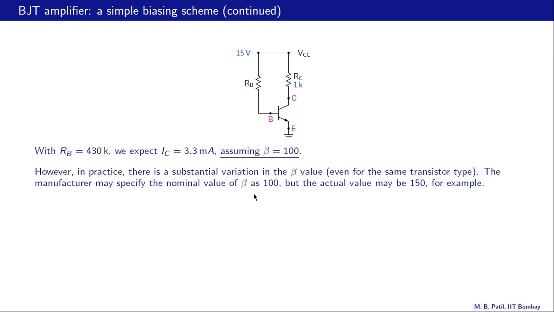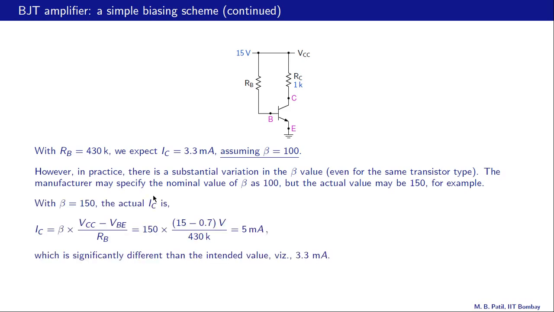So with this very wide variation in beta, can we still trust our numbers? Let us check. With beta equal to 150, the actual IC is beta times IB, which is VCC minus VBE by RB, and that is 150 times 15 minus 0.7 by 430K.